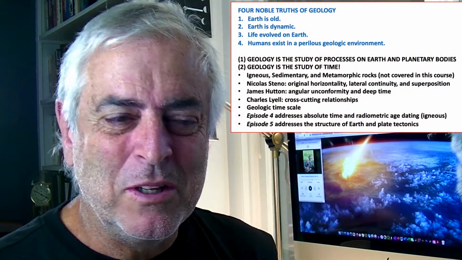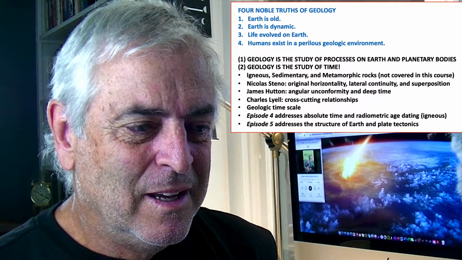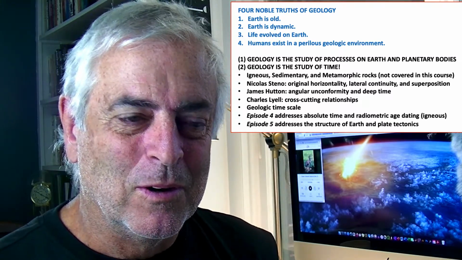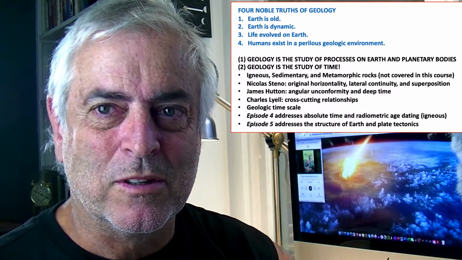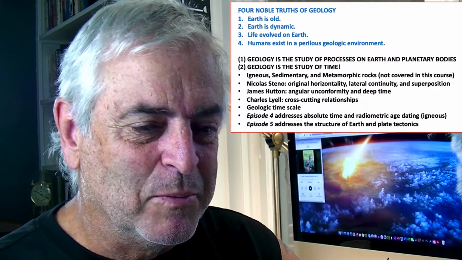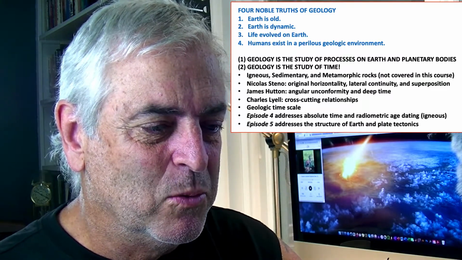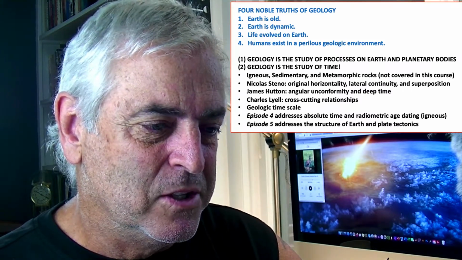We already broached the subject of Buddhism with the Mahabodhi tree in India, and I told you about the 4 noble truths, or at least 3 of the 4 noble truths, that the Buddha gave us. But just studying a little bit about him and his noble truths, it made me realize that we also have some noble truths in geology.